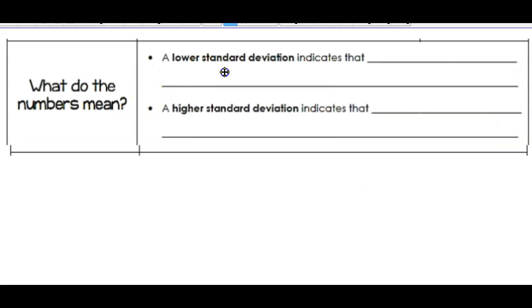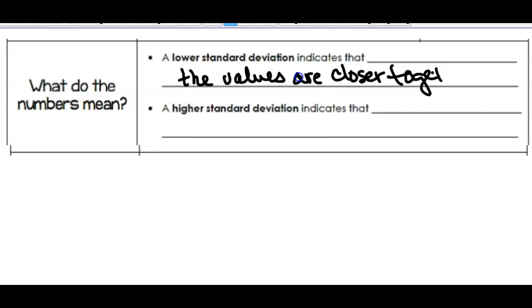So a lower standard deviation or smaller amount of variation means that the values or the data points are closer together. And a higher standard deviation indicates that the data points or the values are more spread apart.